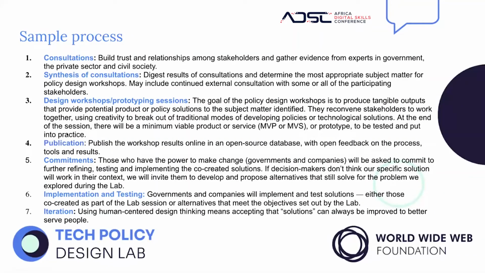So, it's a chain, but if you see at this part of the chain that the chain is slightly broken, you can go back, really listen once again and see how you can fix it, listen to others, and then again, implement and test. So you've gotten the commitments, as we mentioned earlier, we got Google, TikTok, Facebook, and Twitter, I think, to test our solutions from the first tech policy design lab.